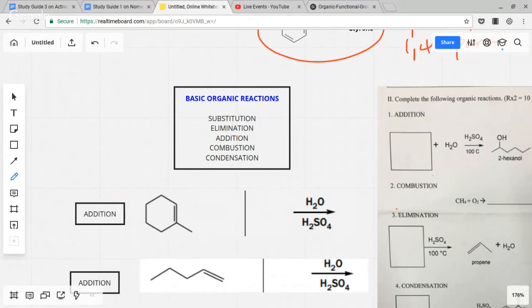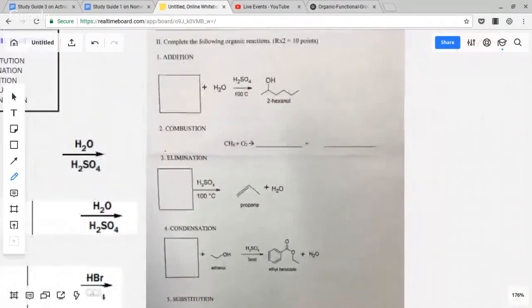So you can trace what are the reactants responsible for the formation of your water. So let me just give a run through of the exam, because I think some of you did not get the correct answer for this in the exam. So in test 2, you have a box, then plus H2O, then you form your 2-hexanol.